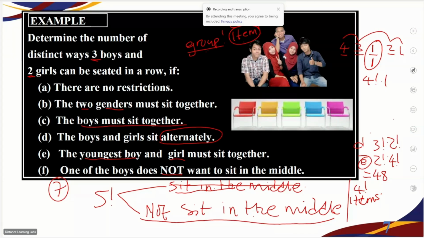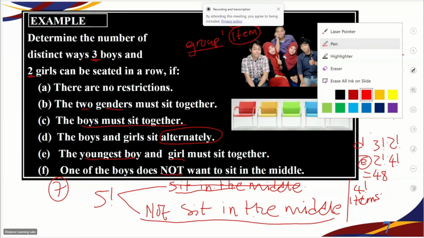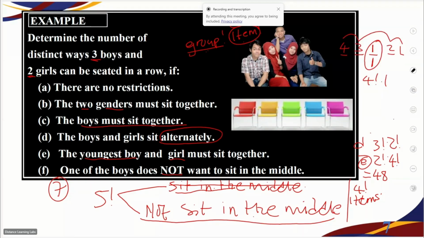Now, for us to find where the boy does not sit in the middle, the number of ways where the boy sits in the middle is 4 factorial by 1. For us to be left with where the boy does not sit in the middle, our response would be 5 factorial, then we only subtract 4 factorial by 1.